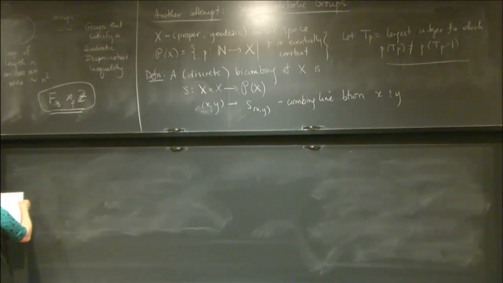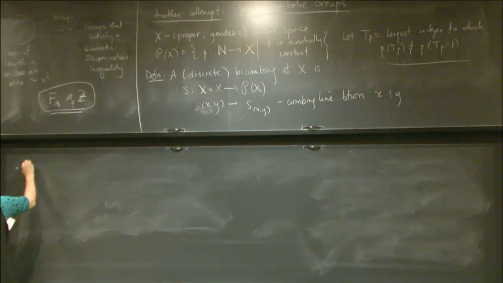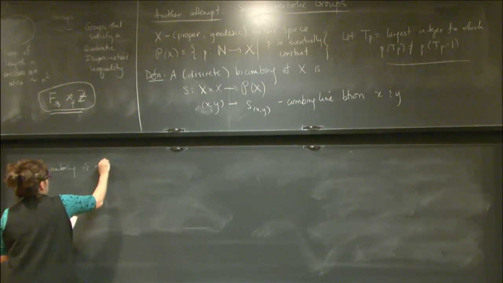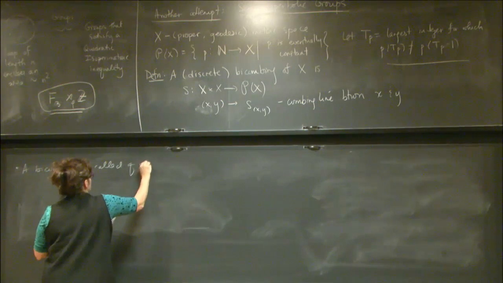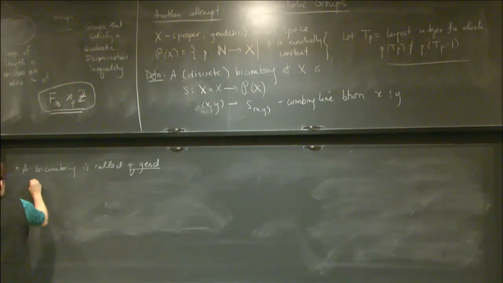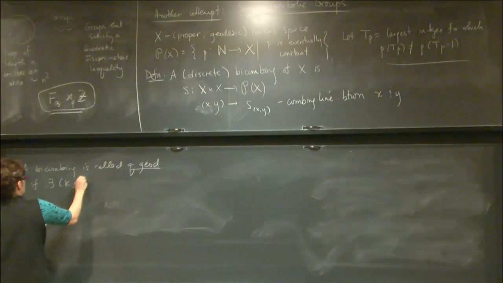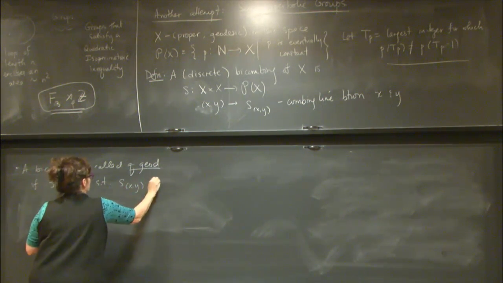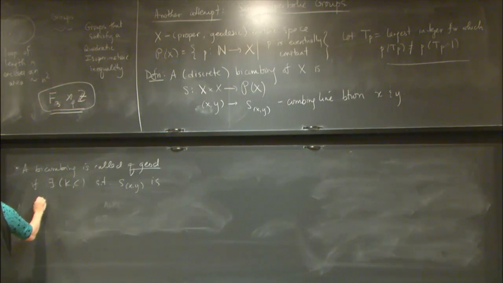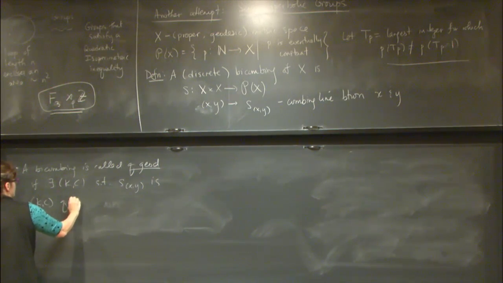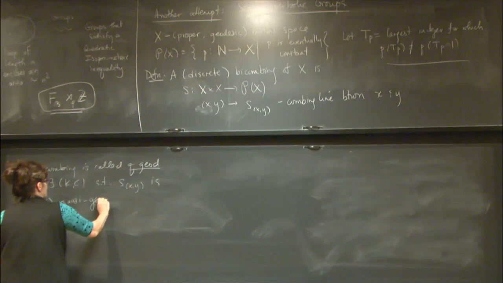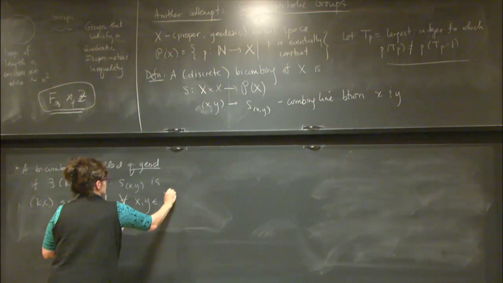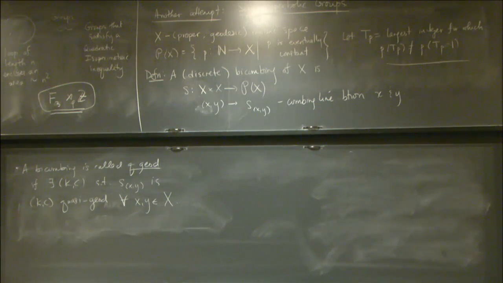All right, and then a bicombing, so here's some properties. A bicombing is called quasi-geodesic if there exist constants such that all of the combing lines are quasi-geodesics, right?